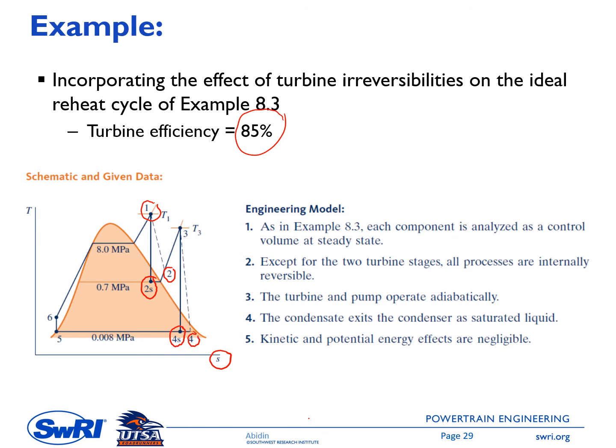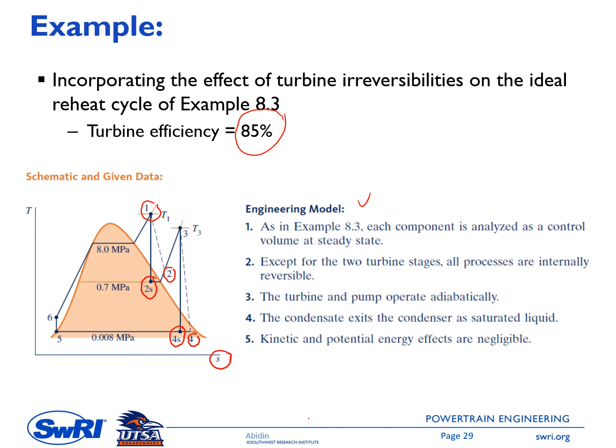You can see that the line for the actual process is represented by the dash line, so from point 1 to point 2, or from point 3 to point 4, the connecting line is the dash line.